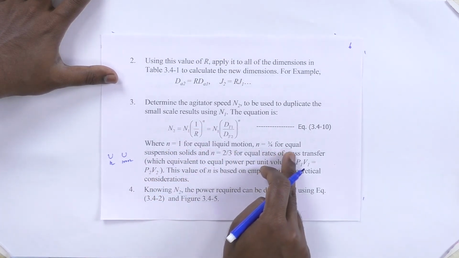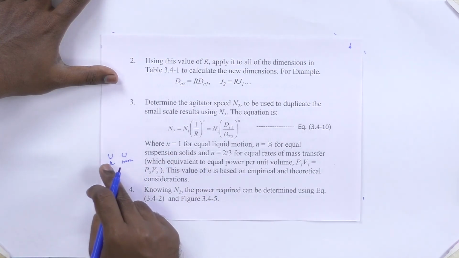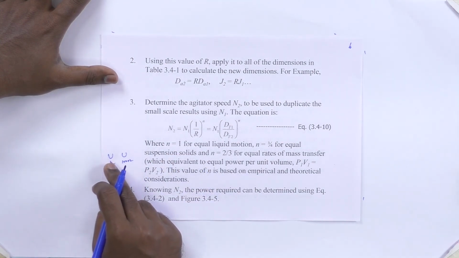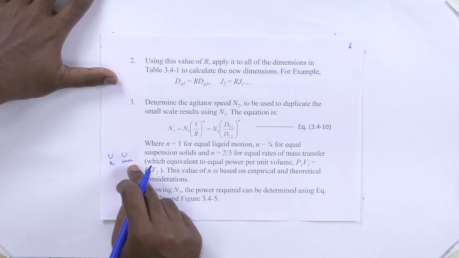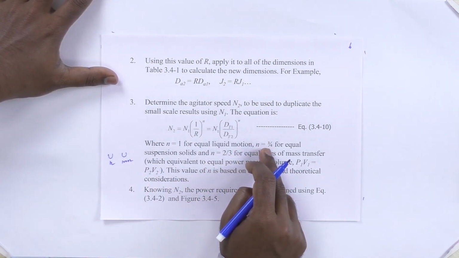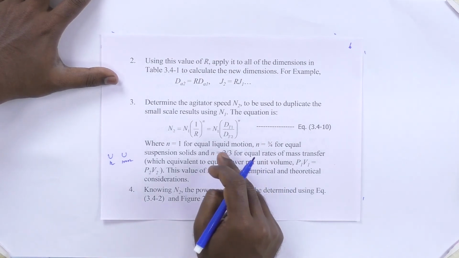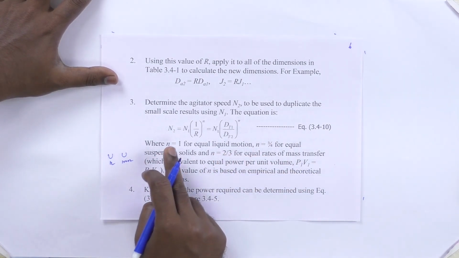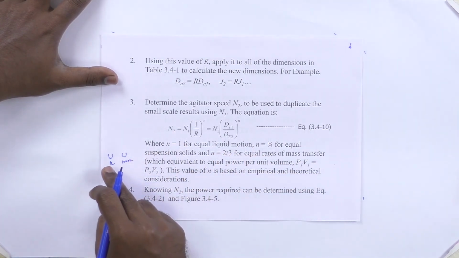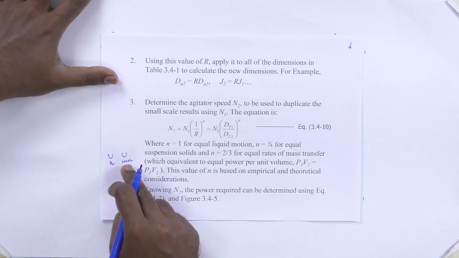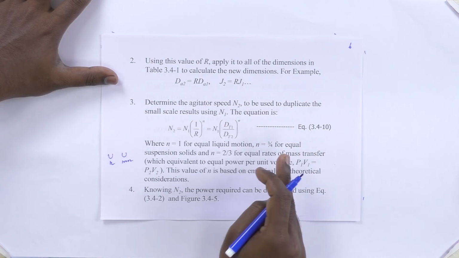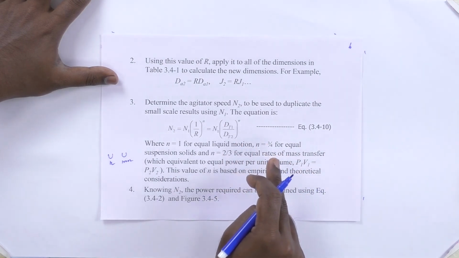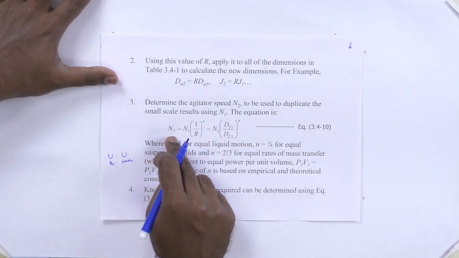Suppose you are expecting equal suspension of solids, if 90% of solids have been suspended, the same 90% has to be suspended in the 1000 liter, then you need to substitute the n value as 3 by 4. Suppose you are expecting equal mass transfer, then for your 1 liter and 1000 liter, you need to substitute your n value as 2 by 3. So if you substitute all these n values, then you can calculate n2.